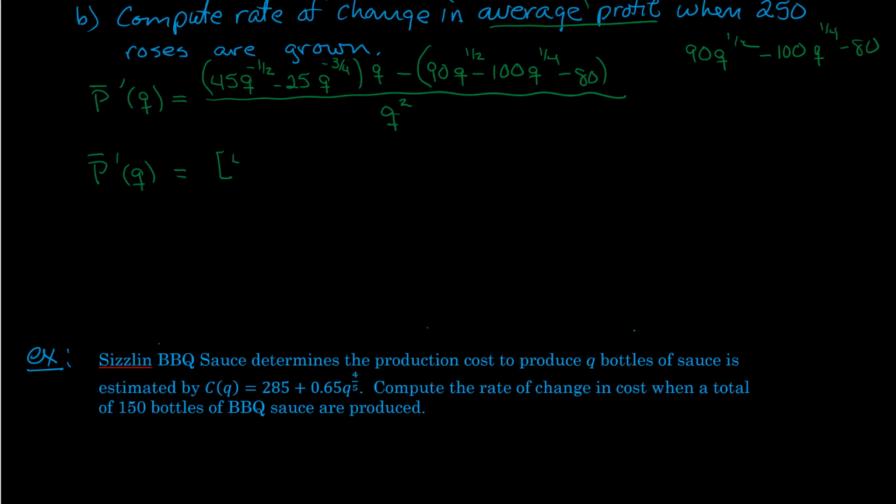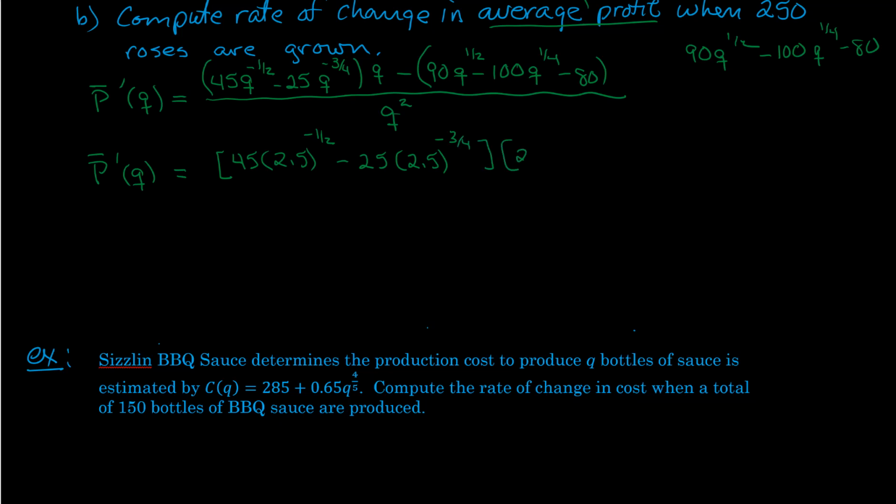And I'm going to have 45 times 2.5 to the negative 1/2 minus 25 times 2.5 to the negative 3/4. That whole thing's going to be times q.